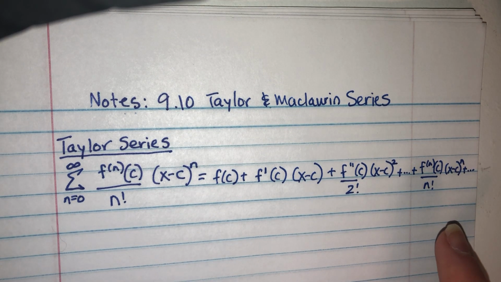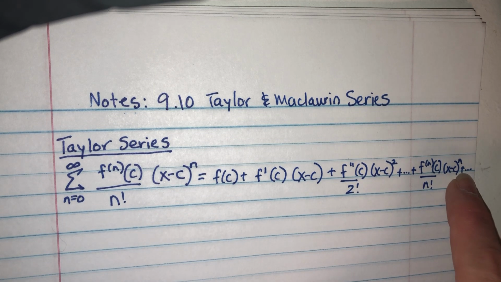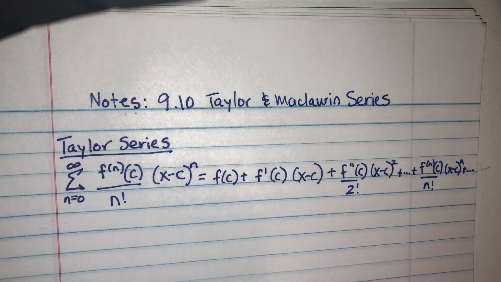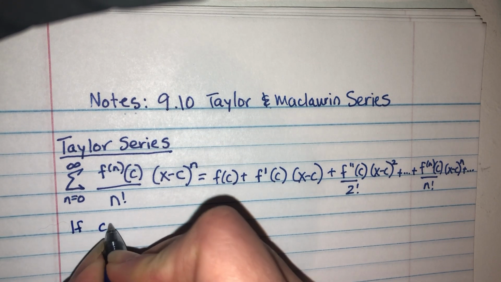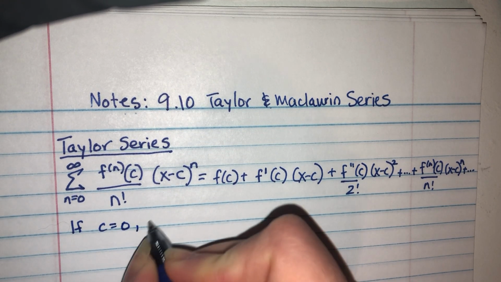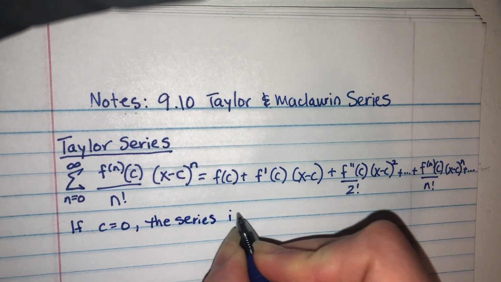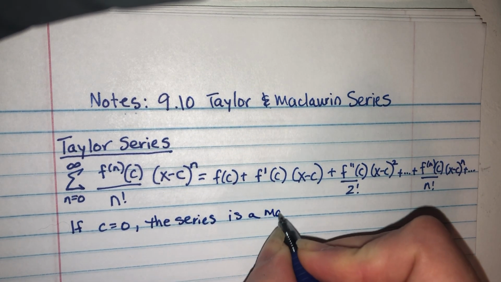So the big difference between the rule that we learned before for a Taylor polynomial and this one is that it ends with plus dot dot dot because it goes on forever and ever, and the upper limit on our sigma is infinity. Okay, now if c equals 0, the series is a Maclaurin series.